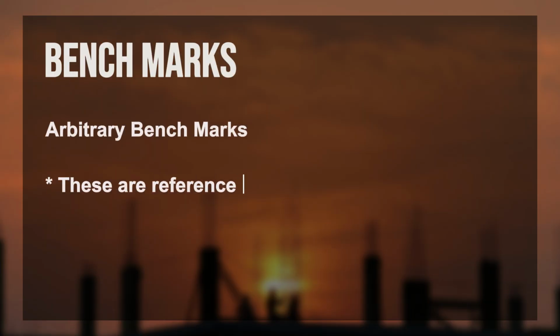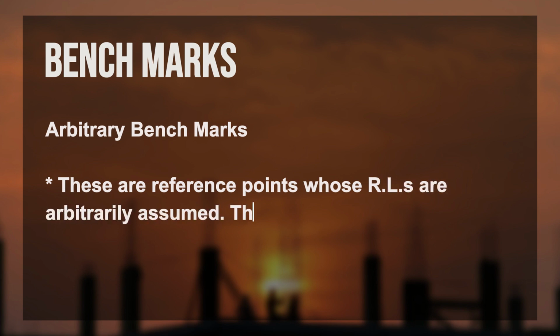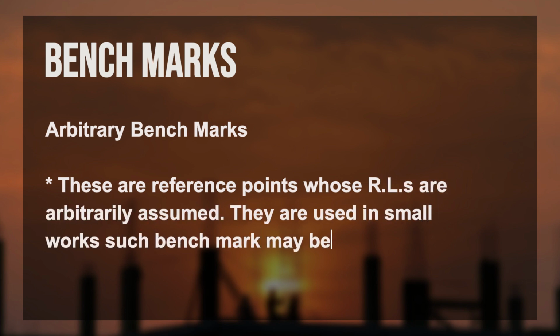The benchmarks continued. The next type is the arbitrary benchmark. These are the reference points where reduced levels are arbitrarily assumed. It is not with respect to the permanent one, but arbitrarily assumed, and so they are called the arbitrary benchmark.